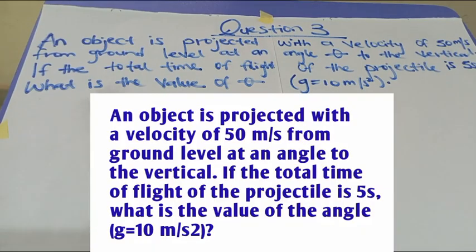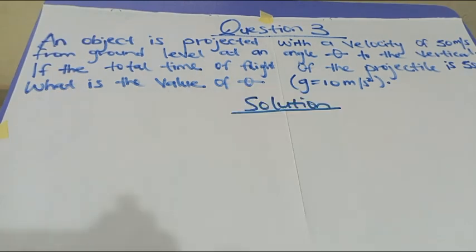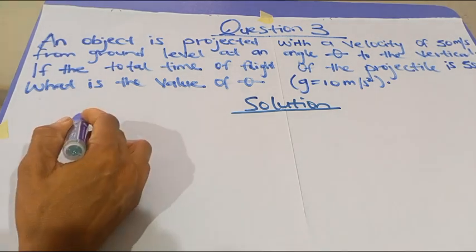Question 3. An object is projected with a velocity of 50 meters per second from ground level at an angle theta to the vertical. If the total time of flight of the projectile is 5 seconds, what is the value of theta? So we want to find the angle. Whenever you want to solve a question, first write out all the parameters, then write the formula.